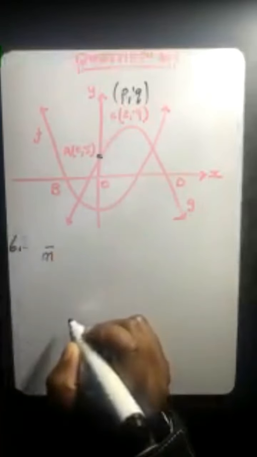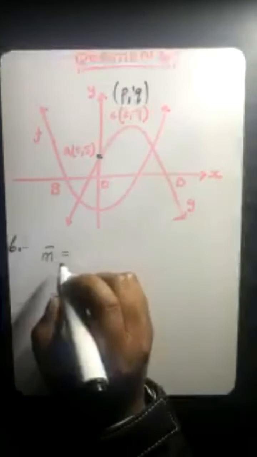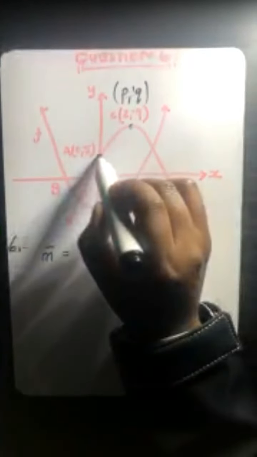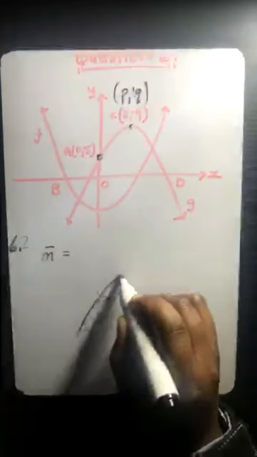Before I even go far, I just know that there's the formula which says M, and I think this sign means average. So the average gradient between A and C, there is C and there is A. The reason why they had to say average is because between A and C you do not have a straight line, but you have that shape.